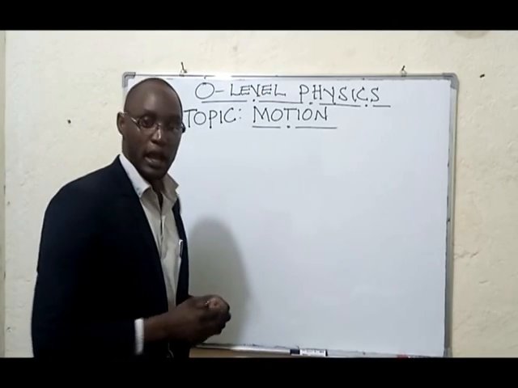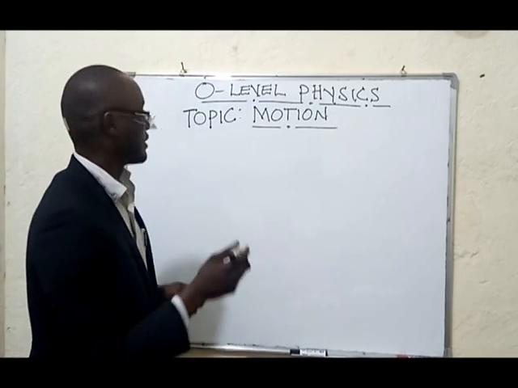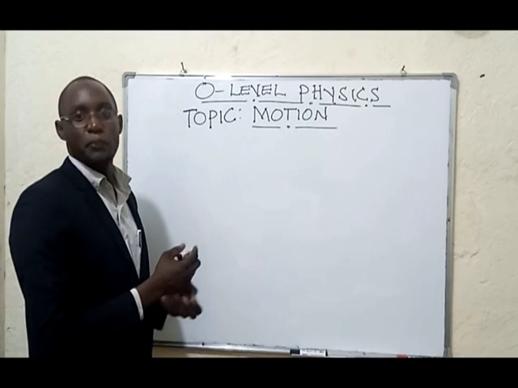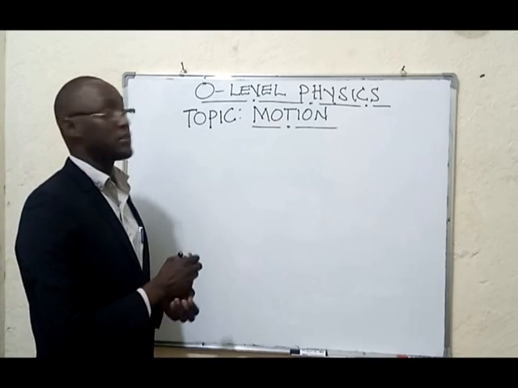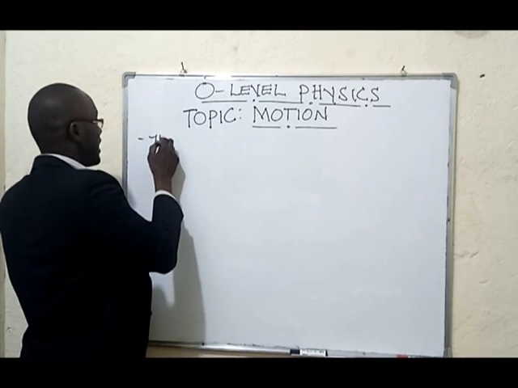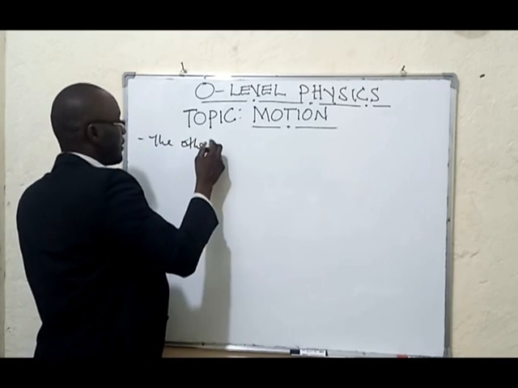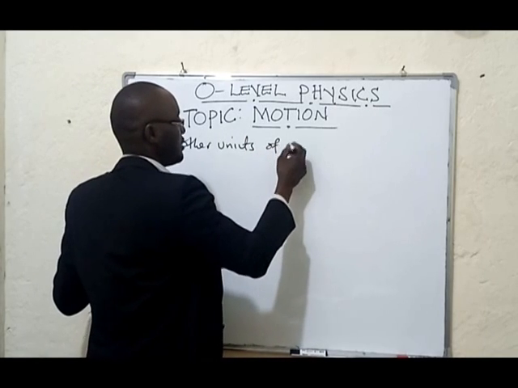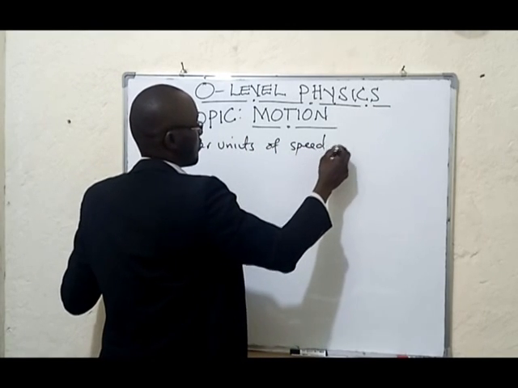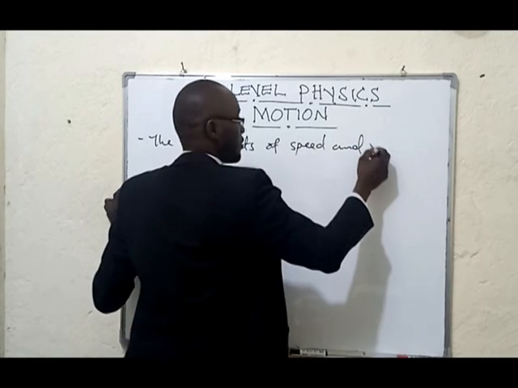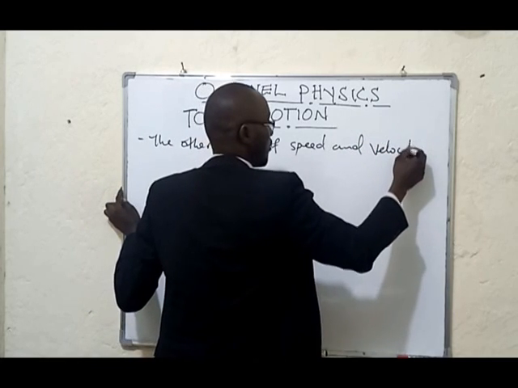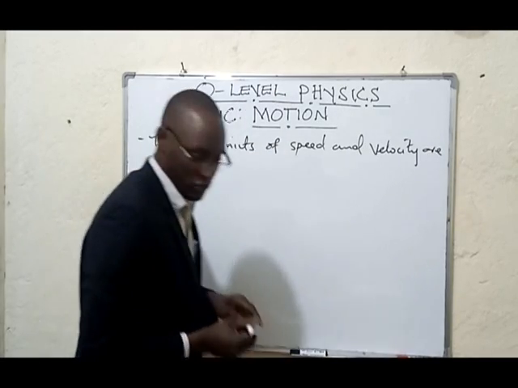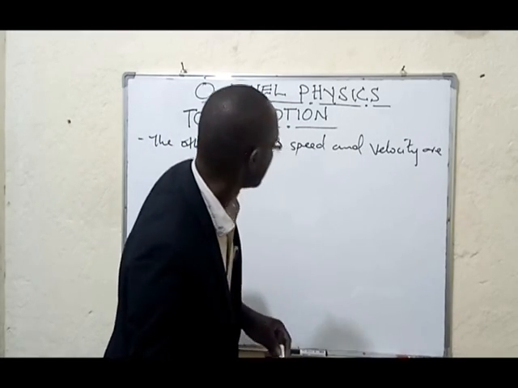Now, what I want you to note is that velocity has other units, or speed has other units. So, we can note that the other units of speed and velocity are, or is, a unit.